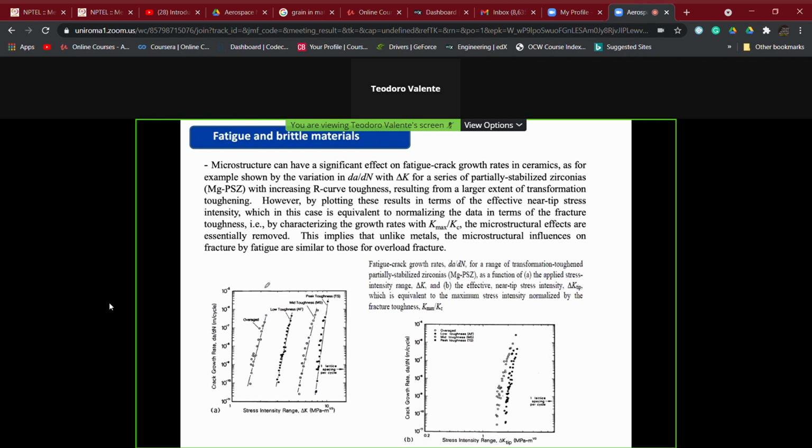These are some examples of fatigue behavior of ceramic-based material. You will see we do not have a straight line like this, which would mean an infinite value of crack growth rate, that is, no resistance to fatigue. We do have a slope. It is a very high slope, near to 90 degrees, but it is not a straight line.